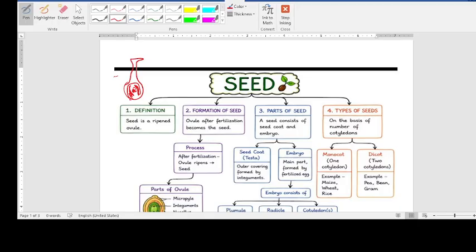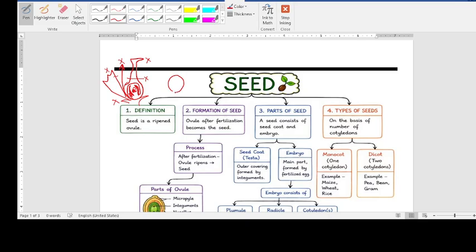If you remember the sepal, petal, androecium meaning stamen, and this is stigma and style. These parts will dry and wither off, meaning fall off, and only this ovary part of the flower will be converted to a fruit.